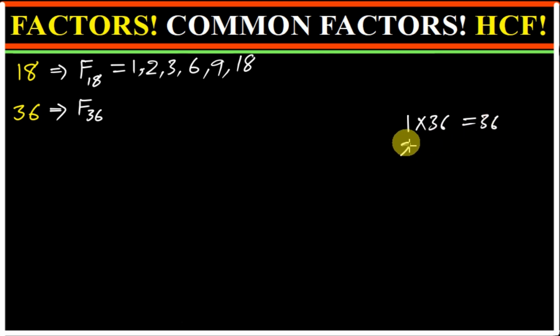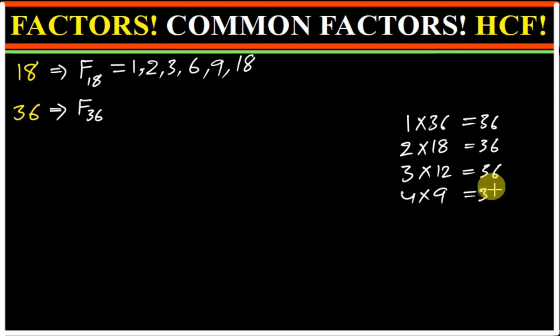It comes in the 2 table also: 18 times 2 is 36. It comes in the 3 table also: 12 times 3 is 36. It comes in the 4 table: 9 times 4 is 36.